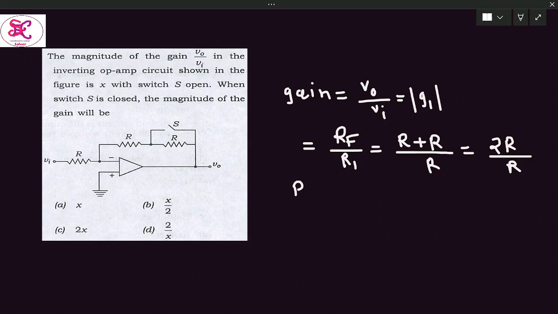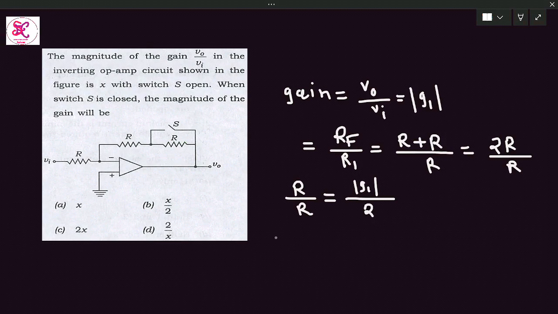So for the value of R by R, I am not going to cancel R by R. Instead of that, I am writing mod of G1 by 2. If I consider R by R, the 2 will be moving towards the left side. So R by R is equal to mod of G1 by 2.